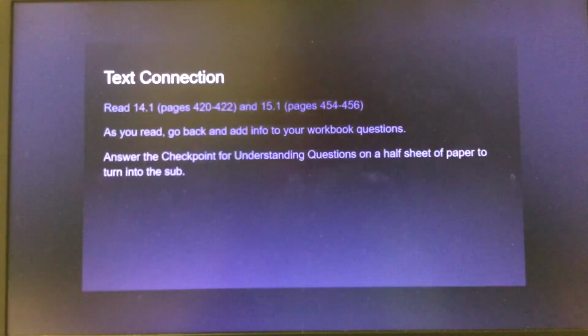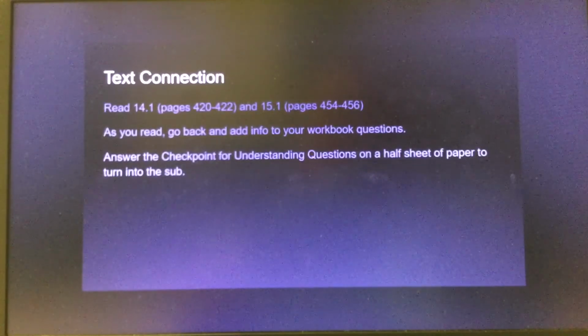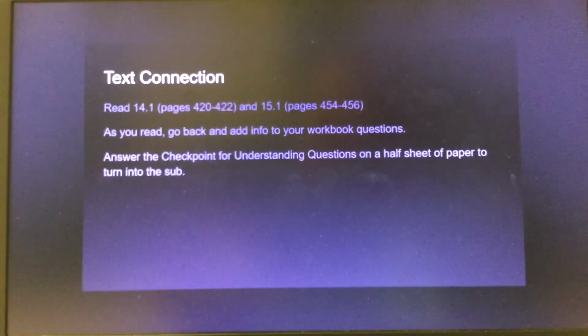Okay, so what I need you to do now is read the text connection to this, because I need you to flesh out what we are learning. You're going to read the first section of chapter 14 and of chapter 15, because our textbook breaks this into renewable and non-renewable energy sources as two different chapters. Whether you're doing that online or in the physical textbook, you're going to read each of those sections.